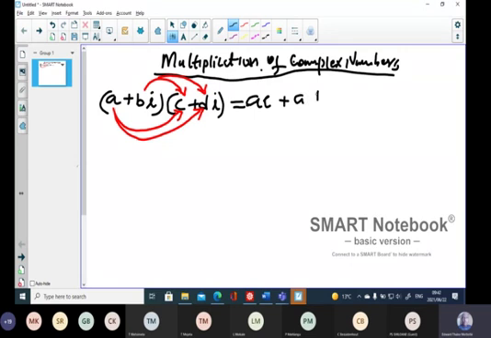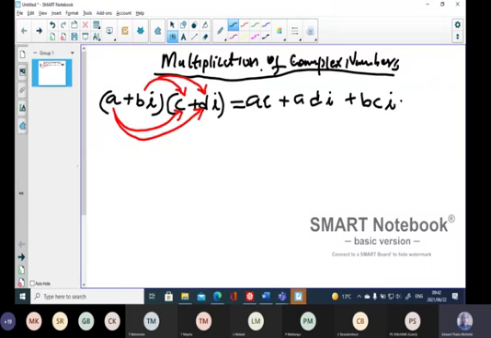Now you multiply these two, it's going to be plus BCi, and the last one is going to be plus BDi squared.